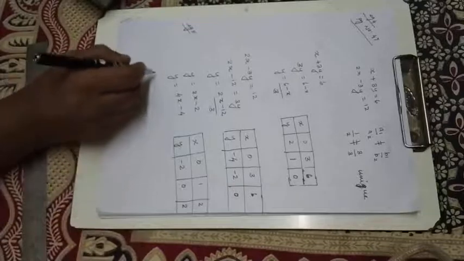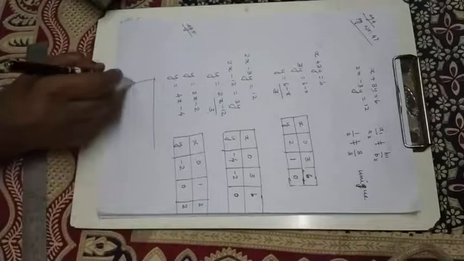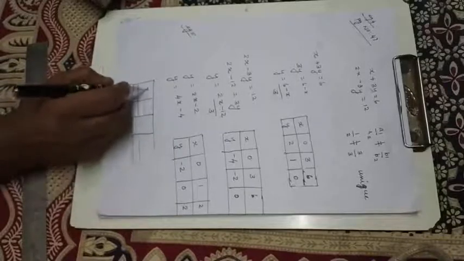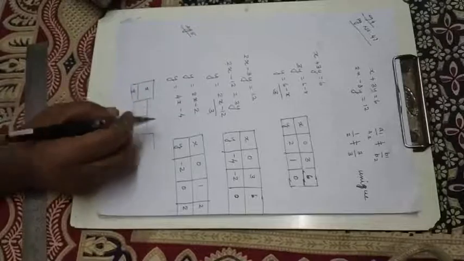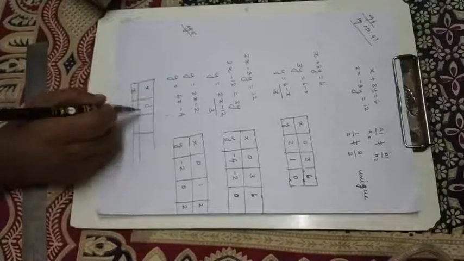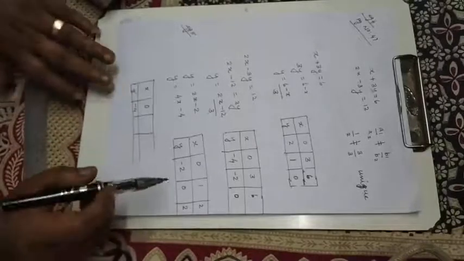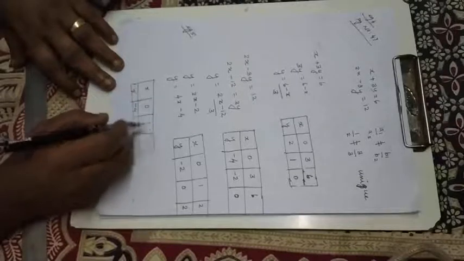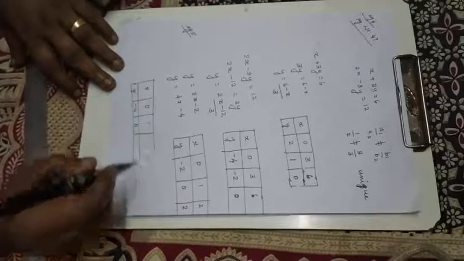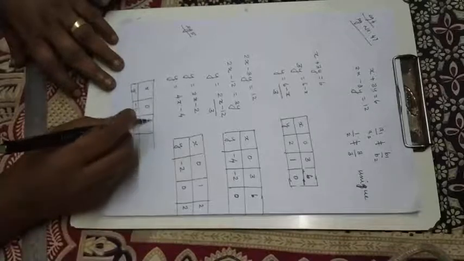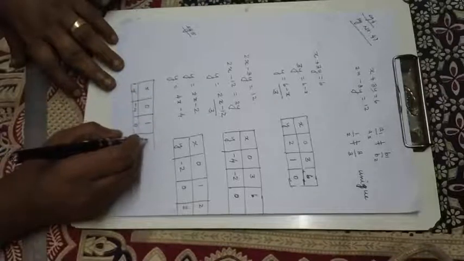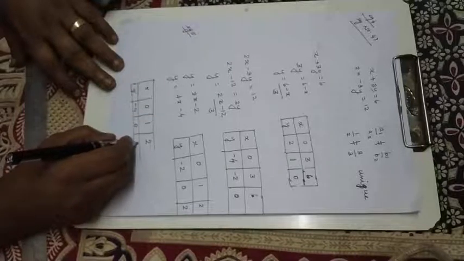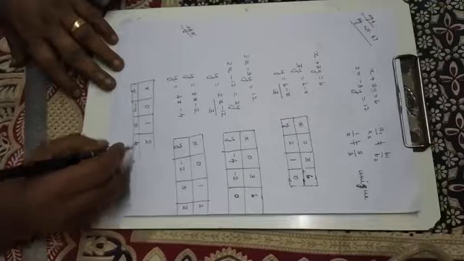Now for the second equation, x and y, when x is equal to 0, you will get y equal to minus 4. Then when x is equal to 1, 4 into 1, 4 minus 4, y equal to 0. Then when x is equal to 2, 8 minus 4, y equal to 4.